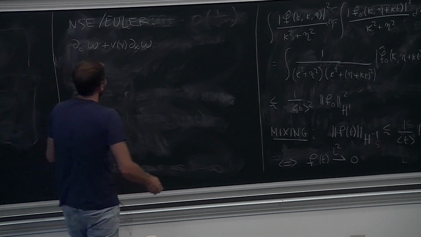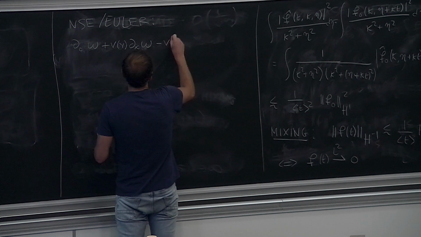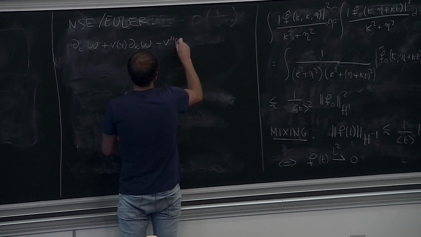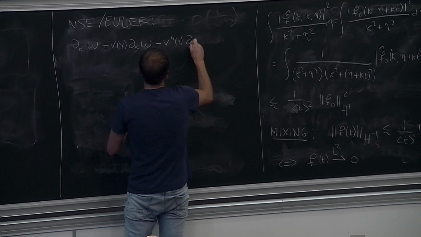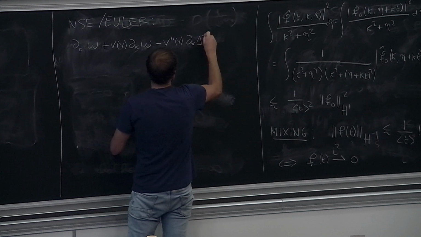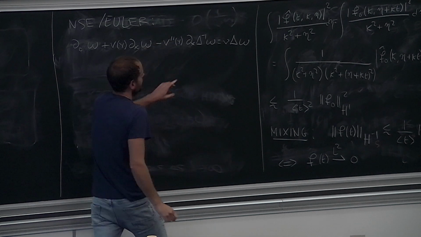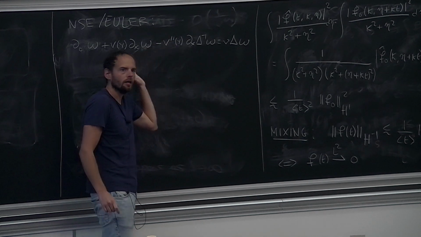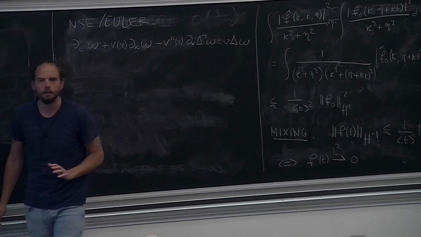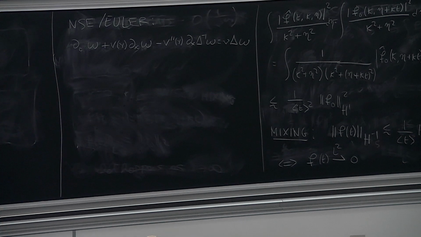In general, it involves the second derivative of the shear and the stream function, which I'm just going to write as Laplacian inverse of omega. So I just have something only in omega, okay? So this is the linearized Navier-Stokes. You see, for Couette, that term is not there. Okay, v second is 0.